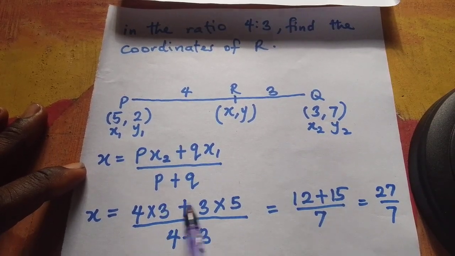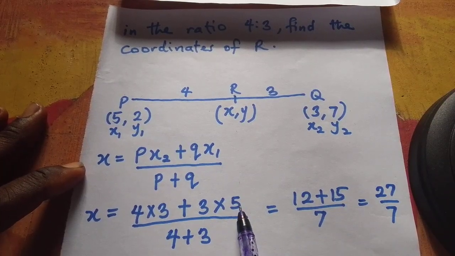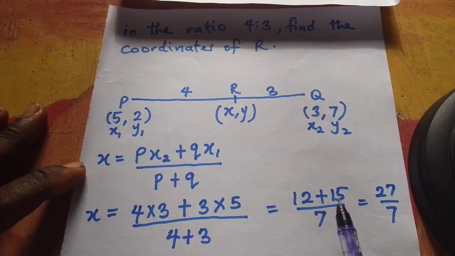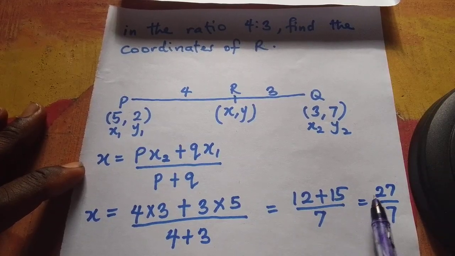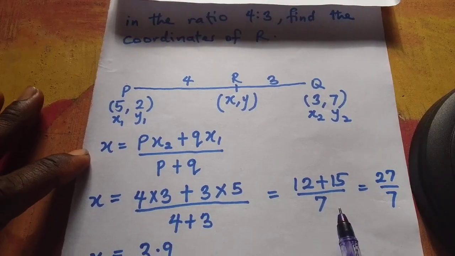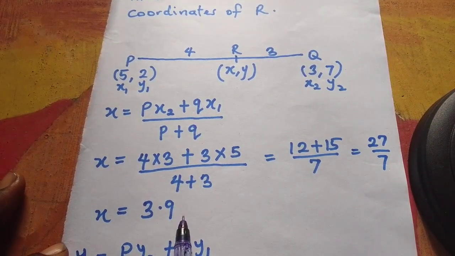So 4 times 3 gives 12, plus 3 times 5 gives 15, divided by 4 plus 3 is 7. 12 plus 15 gives 27 divided by 7, which gives 3.9.